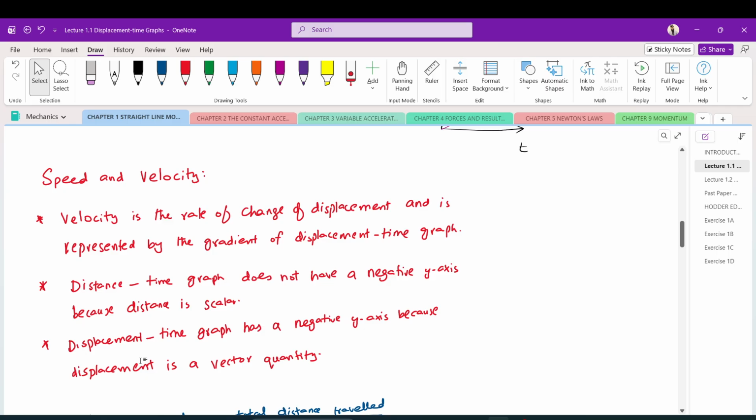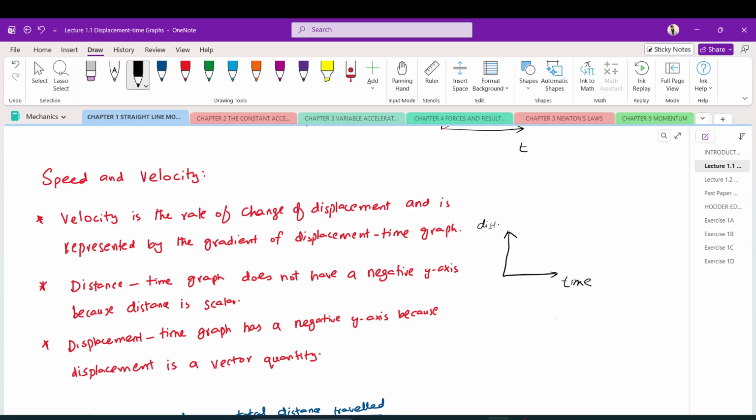Now, since distance is not a vector quantity, it is a scalar quantity, that means we don't really care about its direction. That is why it does not have a negative y-axis. So whenever I draw a distance-time graph, this is going to be my distance and this is going to be my time.